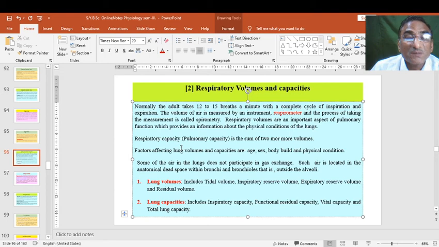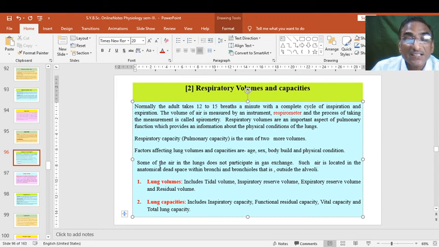The respiratory capacity, or pulmonary capacity, is the sum of two or more volumes. Next, the factors affecting lung volumes and capacities are age, sex, body build, and physical condition. These are the four factors that mostly affect lung volumes or capacities.